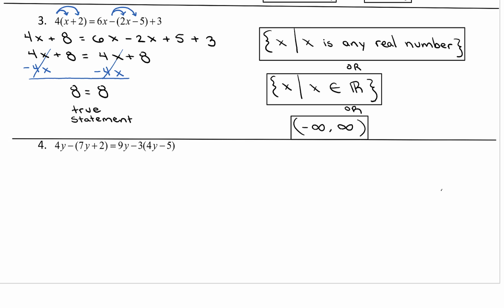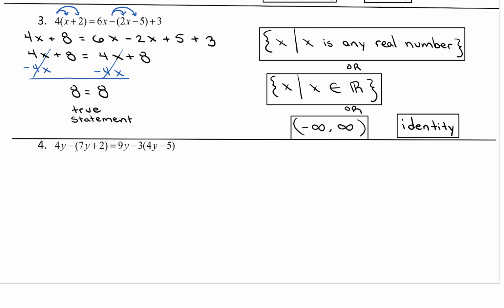And let's go ahead and make sure we write down the type of equation that we have here. We call this type of equation an identity. And let's go ahead and box that in. And now let's go on to example number 4.